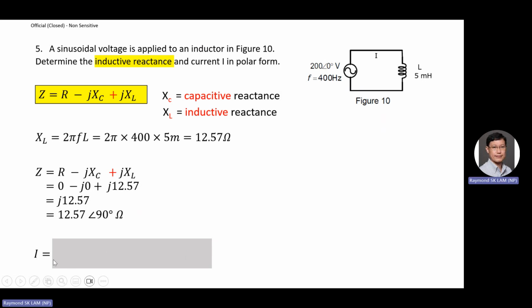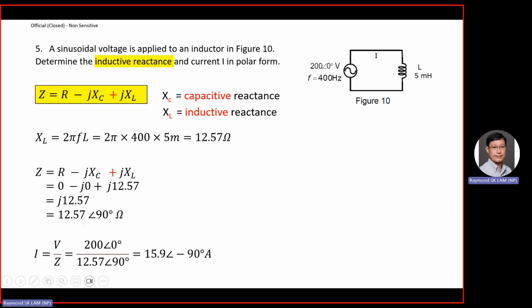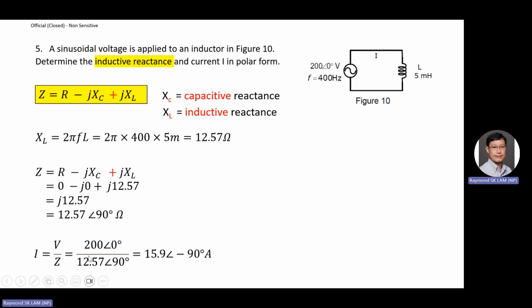Okay. And now we move on to I here. The I equal to what? V divided by Z. Right. So V is 200 here. Z is 12.57, correct? We have already calculated this 12.57 here, so you substitute into the Z. And then this part here, how to calculate?